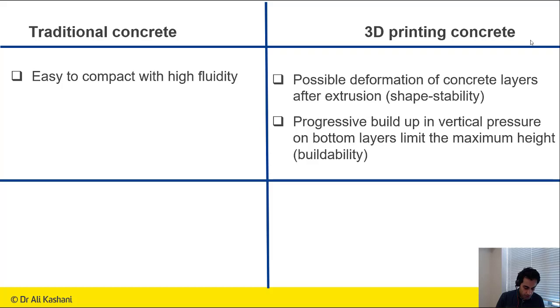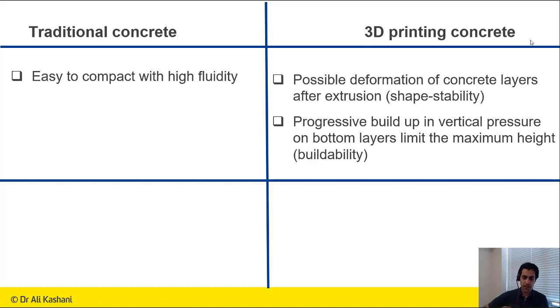The filament that we print, compared to the traditional concrete that needs to flow and get compacted, should have zero slump, so it shouldn't flow. We call that shape stability.